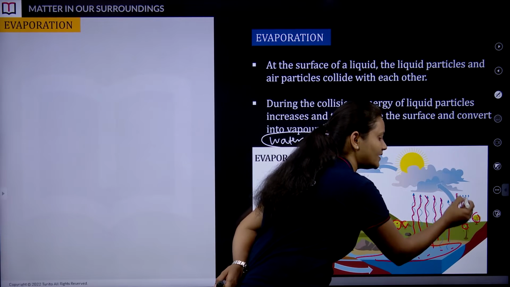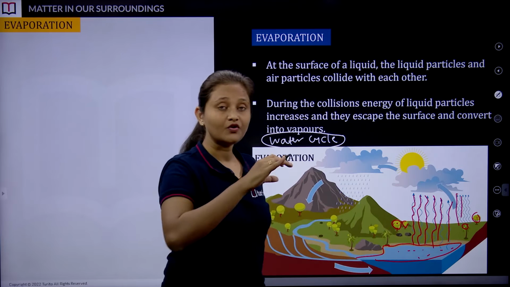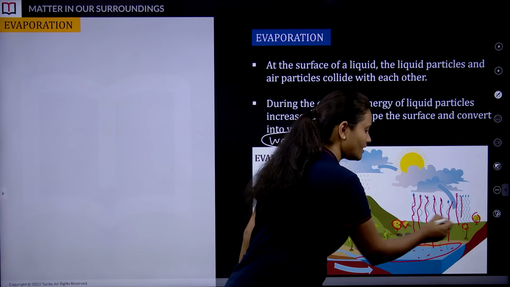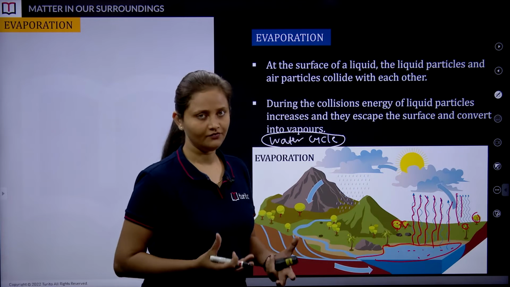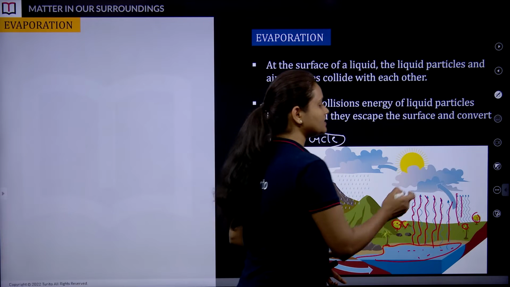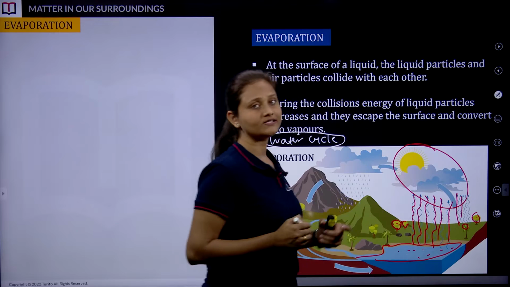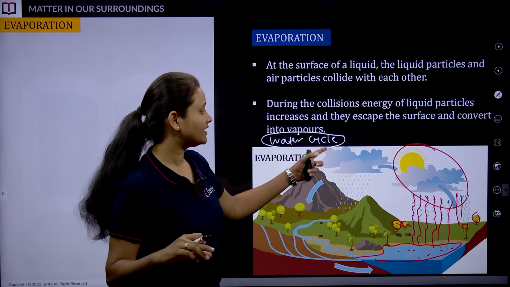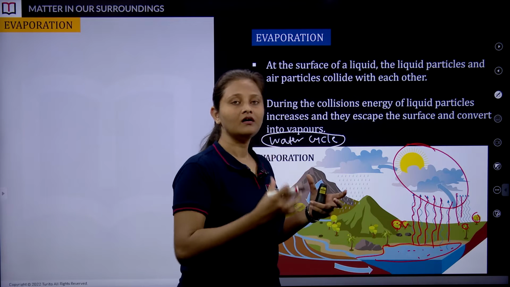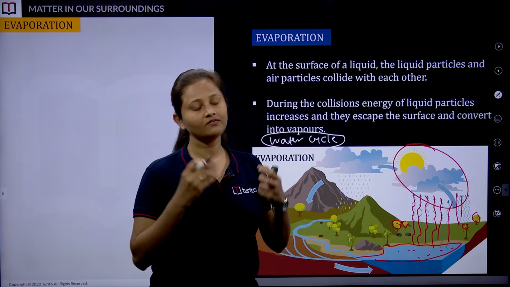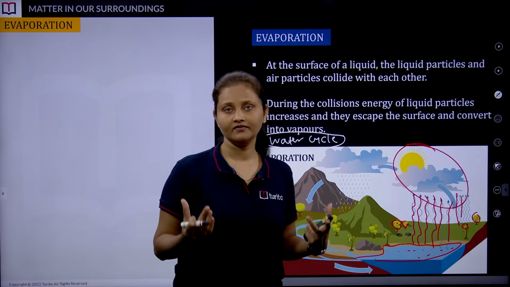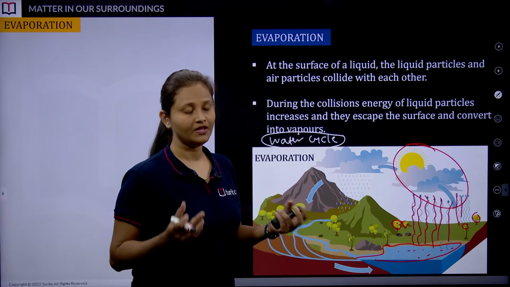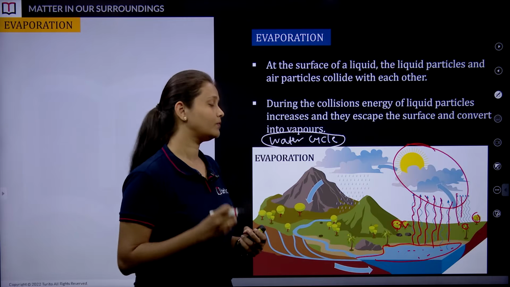They are leaving their space from the surface of the water system, or the surface of the matter, in short, be it water, be it leaf, etc. So this is very important in the water cycle. This is the first step, each and every water molecule gets evaporated, and then they get condensed, then precipitation, and these are some processes that happen. And then eventually we get water or rain. So that's how evaporation plays a very important role in our life.